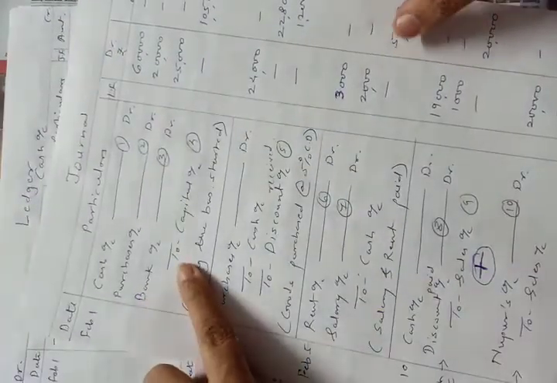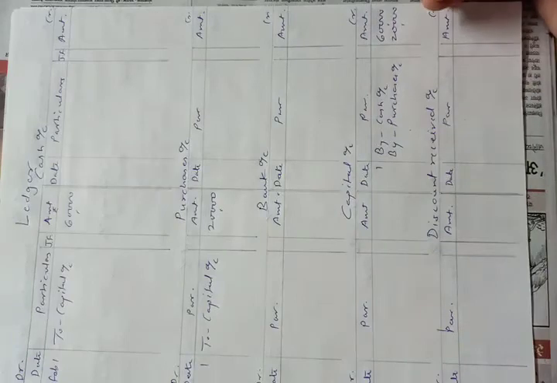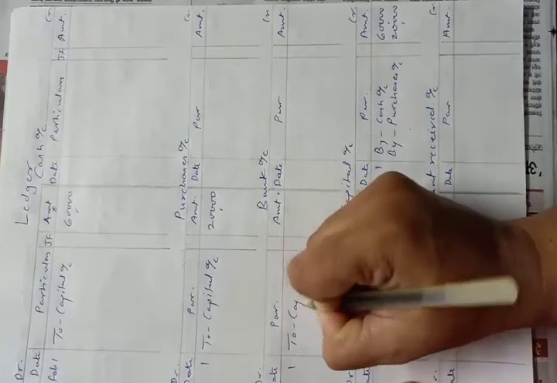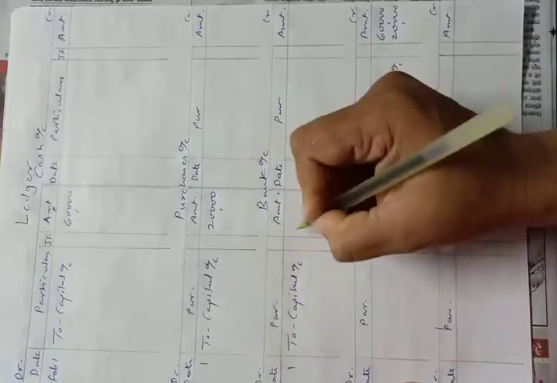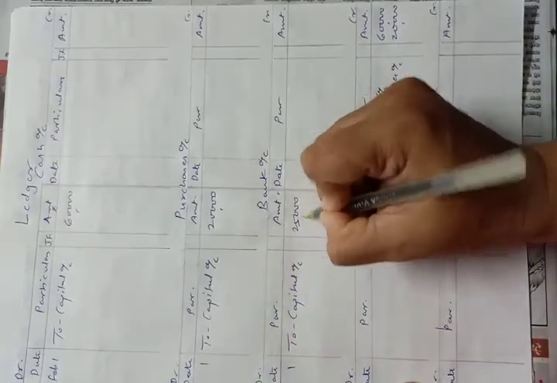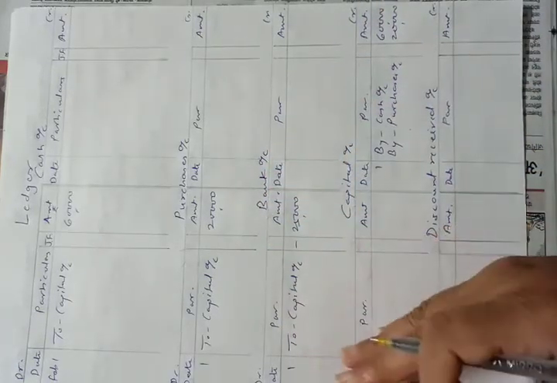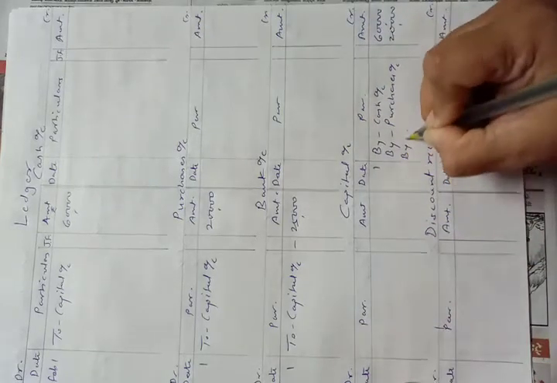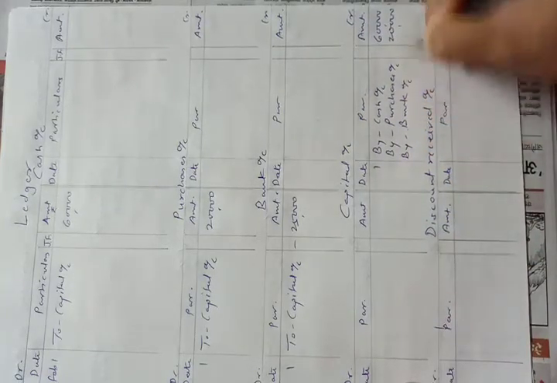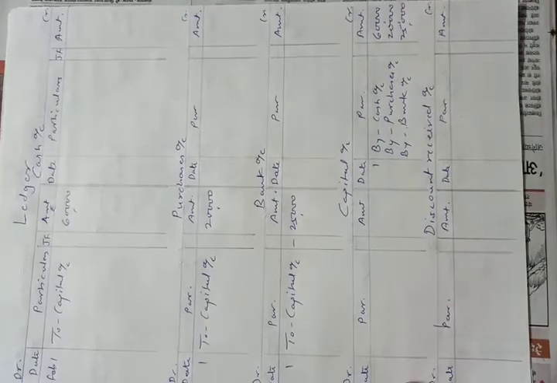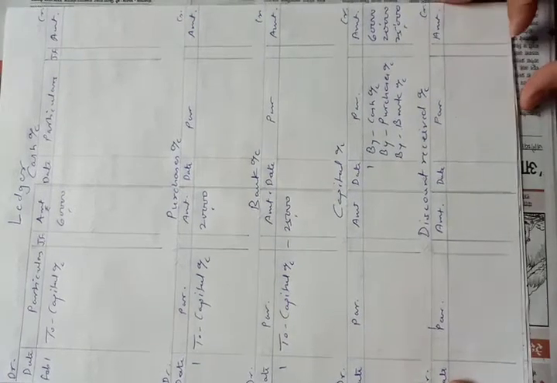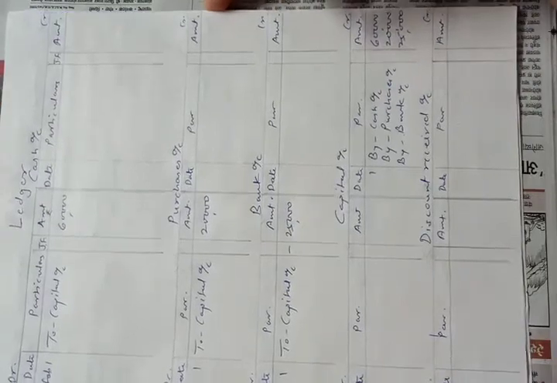And now the next, bank account debit to capital account. Bank account debit to capital account means on the debit side of the bank account we have to write to capital account. Amount is 25,000. Second posting, debit side of bank account to capital account means credit side of capital account by bank account, 25,000. Okay. Understood? In this way we have to make the posting of this combined entry.